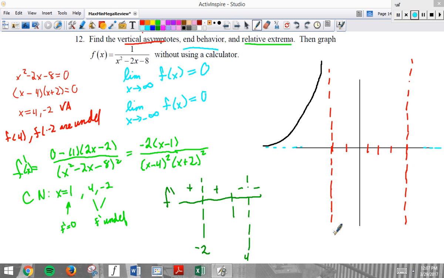Now, if I'm starting at this asymptote, and I know I need to switch to decreasing at 1. 1 is a relative max. Rel max. At what point? 1 comma, 1 minus 2, negative 1, 9.